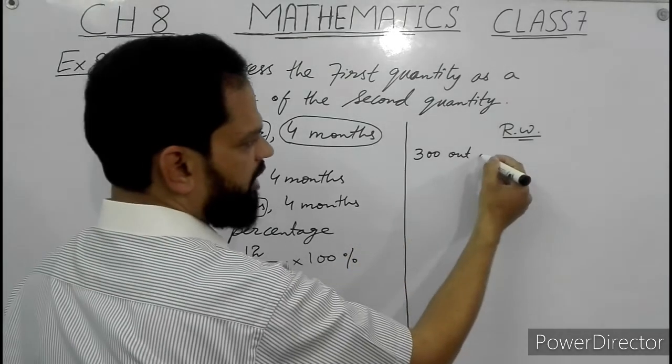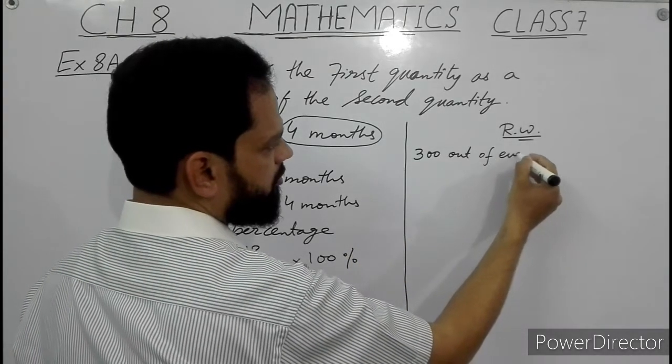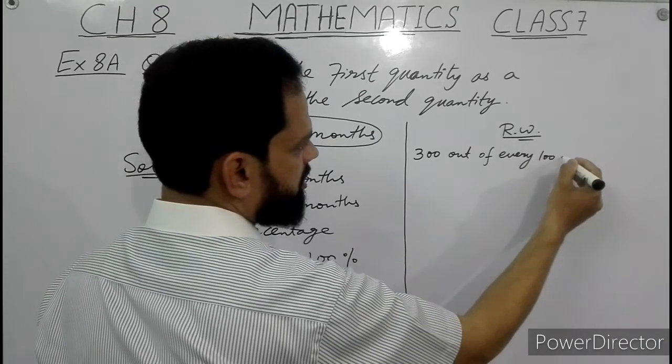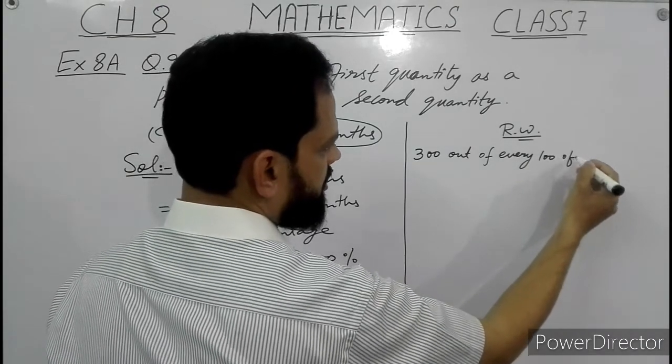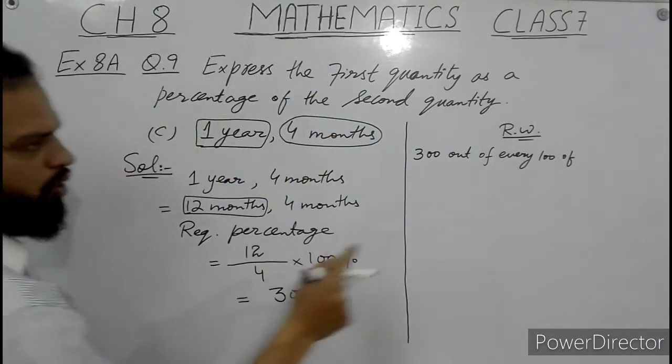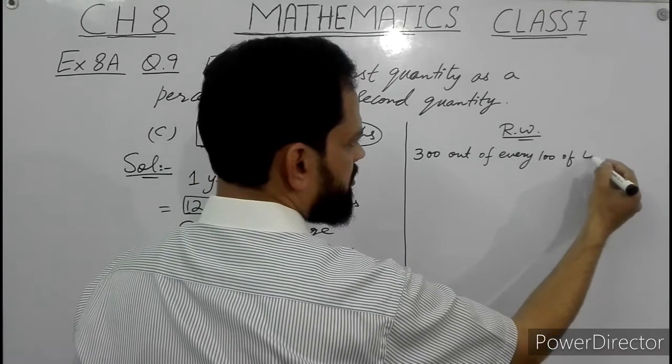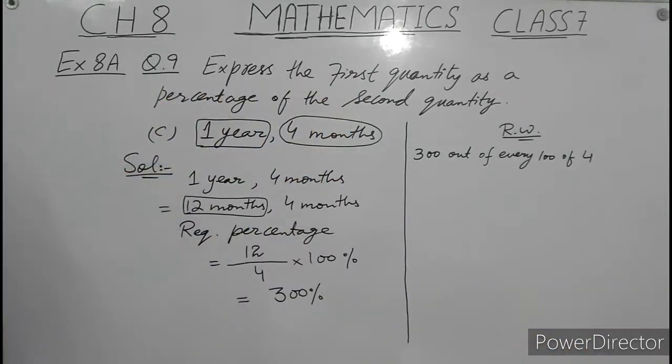So 300 out of every 100 of the second quantity, which is denominator 4, will be the first quantity.